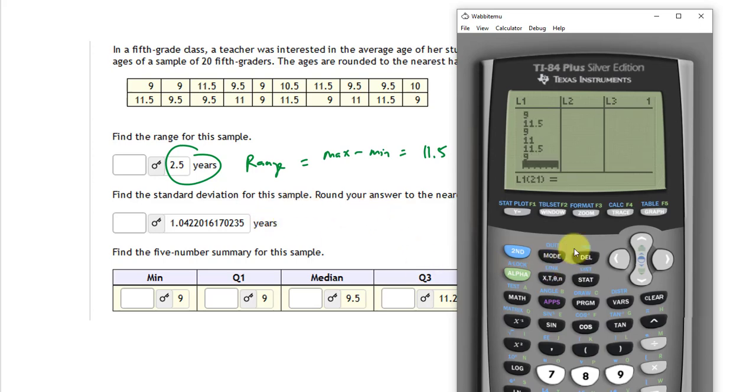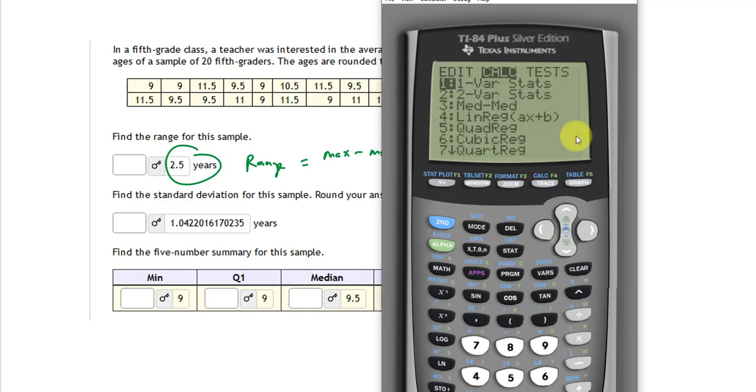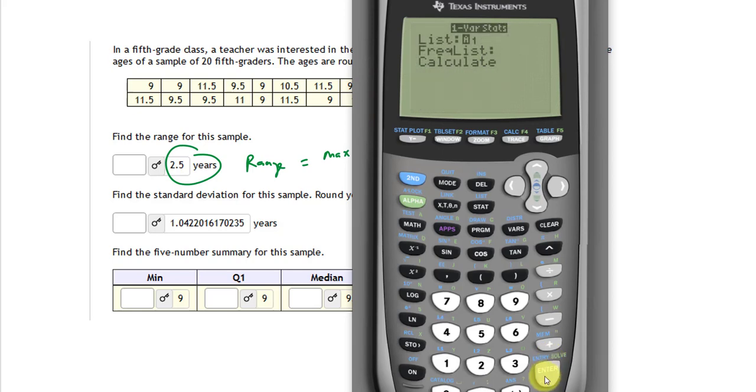After I have everything, I know that I store the data in L1. So I go to STAT, Calc, and then I use 1-Var Stats. My list is L1. Hit calculate, and my sample standard deviation is Sx, S means sample, and that is 1.0422, which is this number right here.